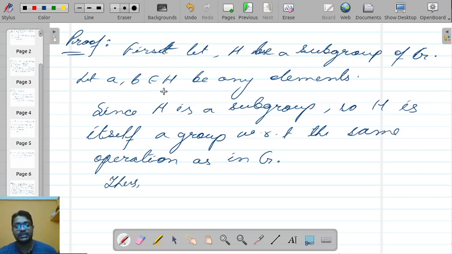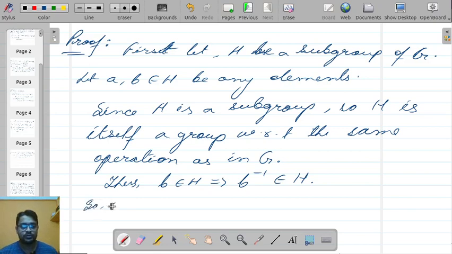Here A and B are elements of H, and H is a group, so these elements will have their inverse. Since B is in H, B inverse belongs to H. Because H is itself a group, the inverse of each element of H is an element in H only. Thus B belongs to H implies B inverse belongs to H.